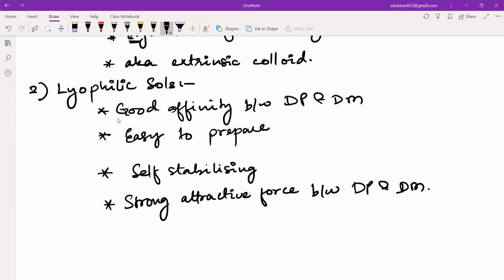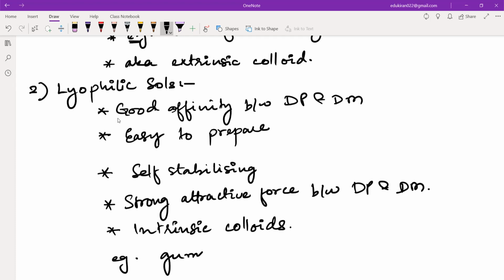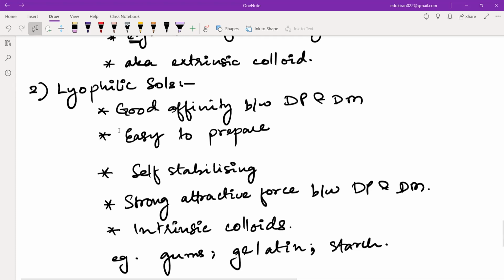You can write intrinsic colloids. Examples will be gums, gelatin, starch. So these are examples of lyophilic colloids.